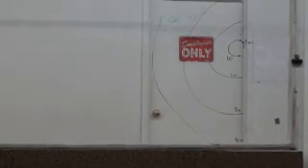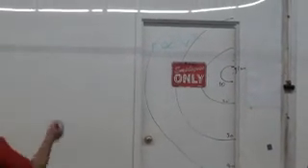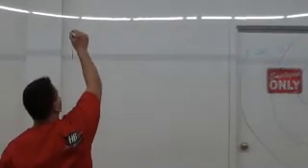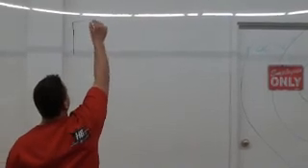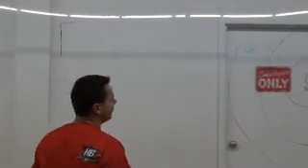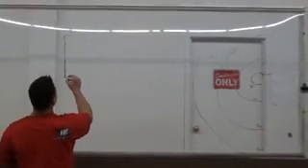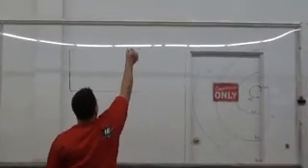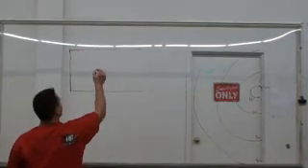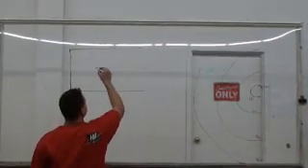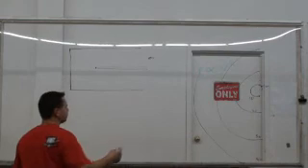We got a lot of hairpins here, so we'll take a look at a hairpin. How do you get around? So, a simple hairpin, and you're coming in this way.